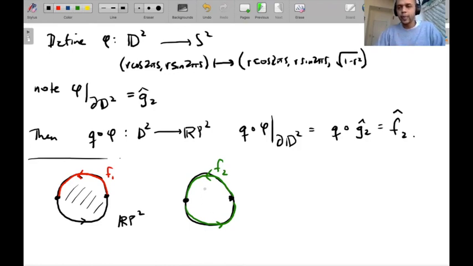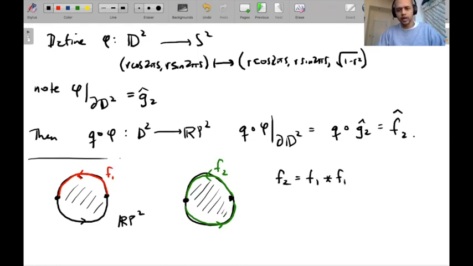But okay, so first, in this picture, we see that F2 extends to the disk because here's the disk that it extends to. F1 does not clearly extend to the disk because this doesn't bound a disk in an obvious way. But I guess the other thing I want to observe is that F2 is F1 concatenate with itself.